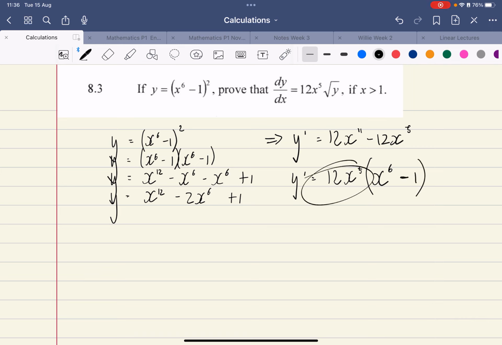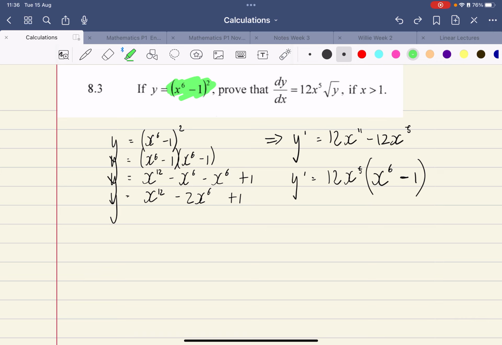Now this looks exactly like that. That's awesome. But this still doesn't look like that. But hang on. Now we go look back at what y used to be. And y used to be (x to the power of 6 minus 1) to the power of 2. And that looks awfully similar to what we have. Except that their y is to the power of 2 and ours isn't.